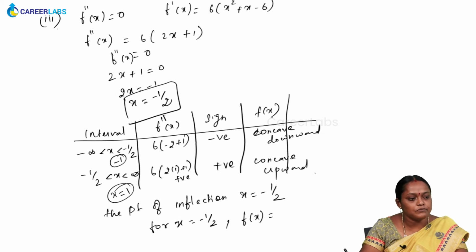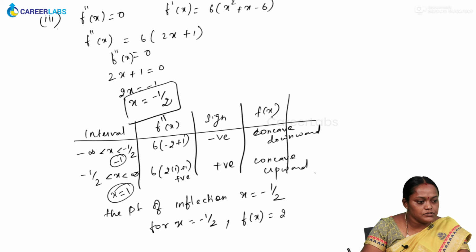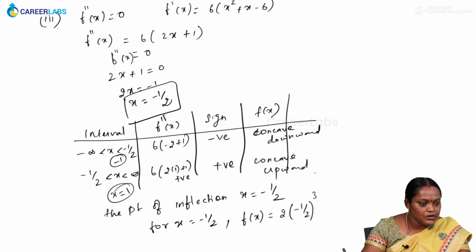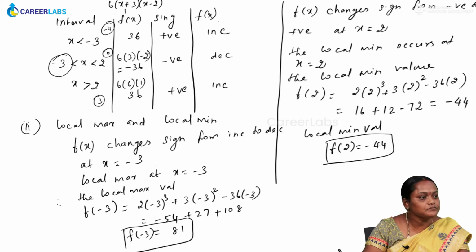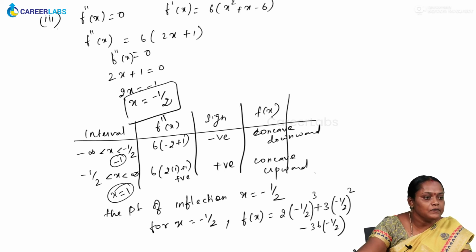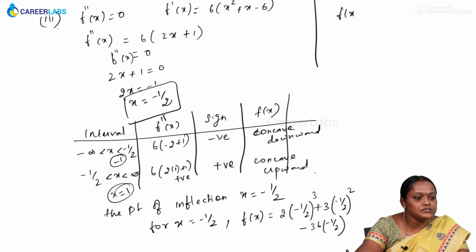So f of x is 2x cube plus 3x square minus 36x. That is 2 times minus 1 by 2 the whole cube, plus 3 times minus 1 by 2 the whole square, minus 36 into minus half. So f of x is minus 2 by 8 plus 3 by 4 plus 18.